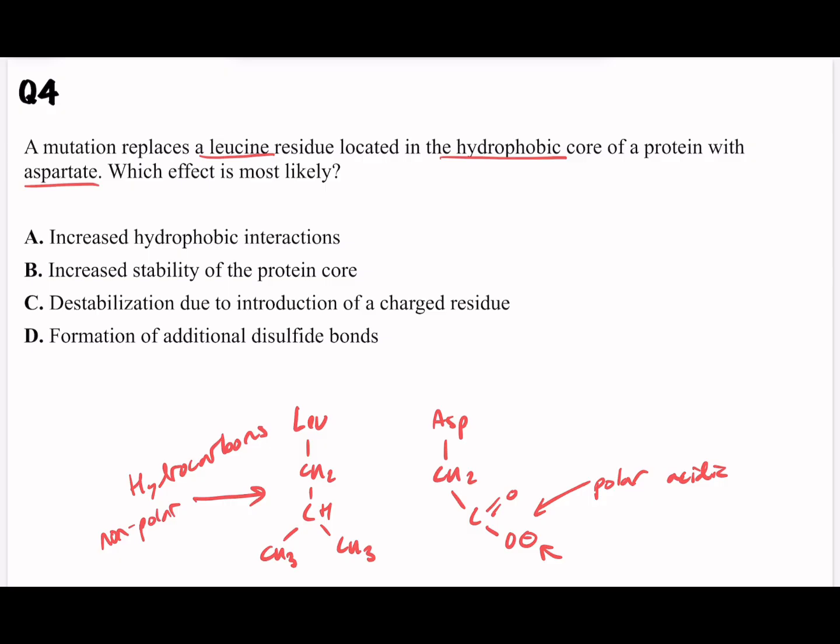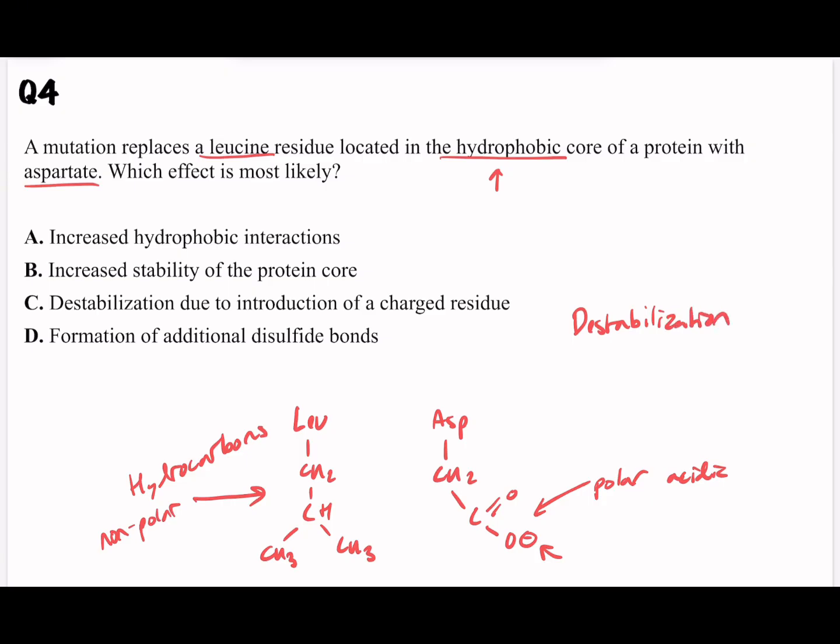Well, because this is occurring in a hydrophobic environment, you're going to have some destabilization. Charged molecules in general do not want to be in hydrophobic environments. They want to be exposed to solution so they can be stabilized by solution. So if we're forcing a negative charge into a hydrophobic core, it's safe to say that destabilization is going to occur.